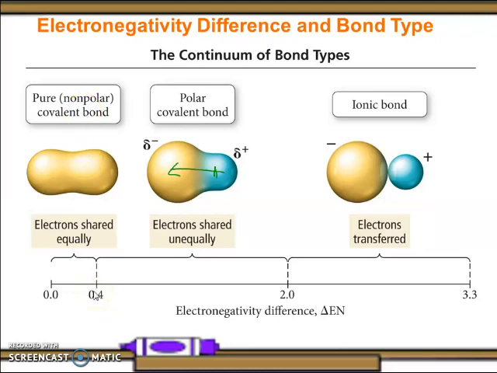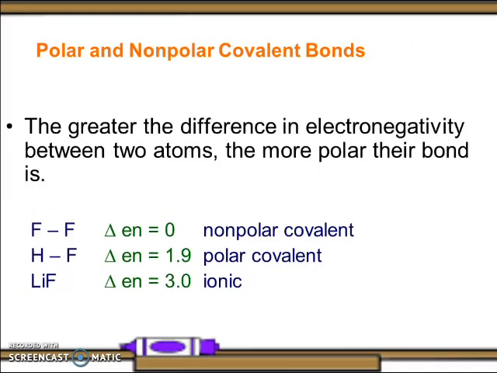If the difference is 0.5 to 1.9, the bond is polar covalent. And if the difference between bonded atoms is larger than 2.0, it will be a 100% ionic bond. Remember that the greater the difference in electronegativity between two atoms, the more polar their bond is.